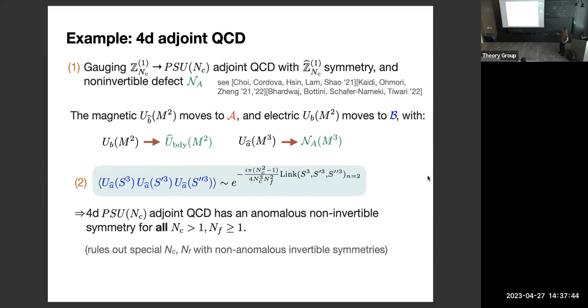So one of my magnetic operators moves into the Lagrangian subclass, and one of my electric operators moves into the blue subclass.